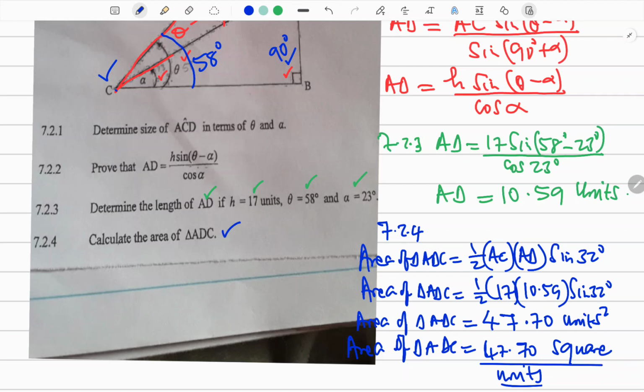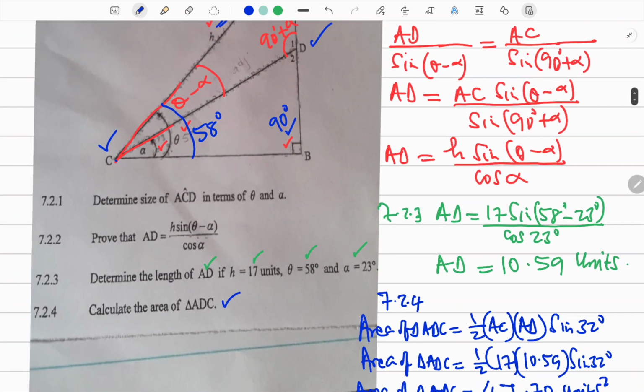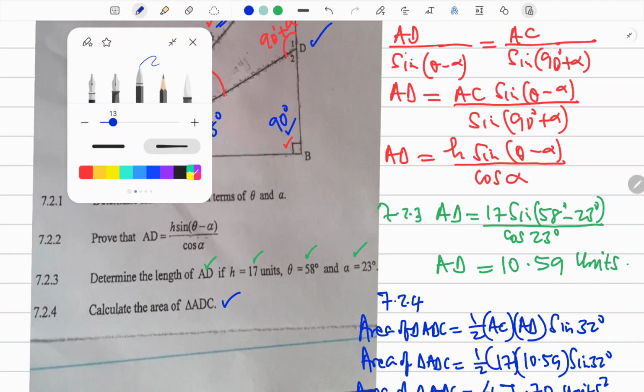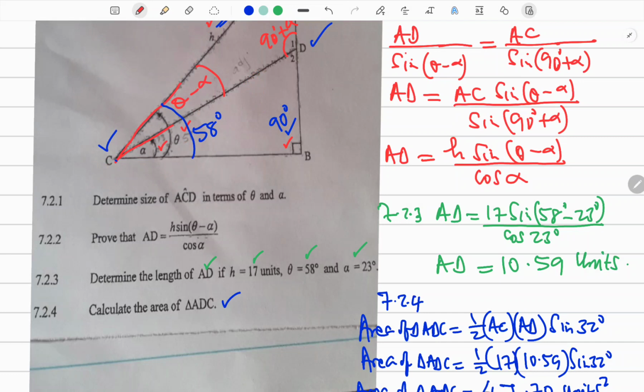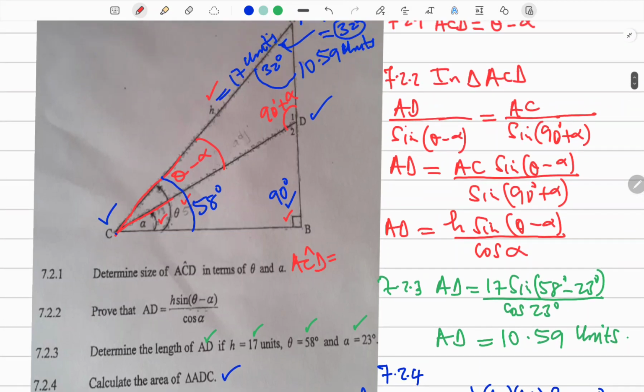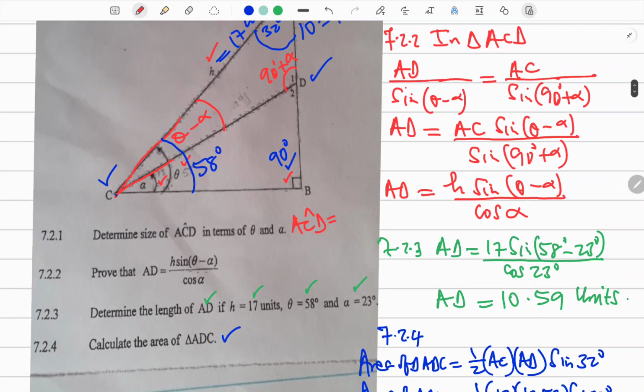All right, and so we have answered that one. Just to recap quickly, they first asked us to find the size of angle ACD, and we saw that the result is theta minus alpha. We have proven that.